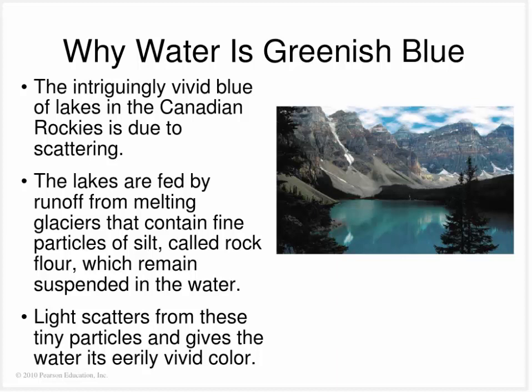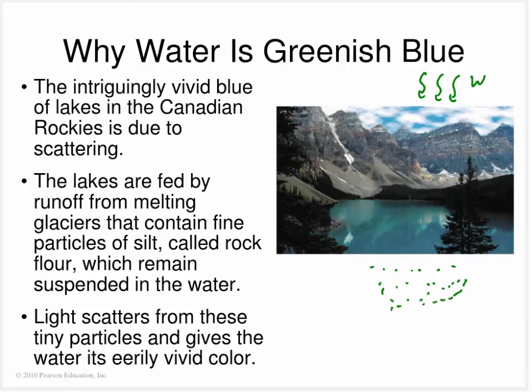Interestingly enough, if we were to go somewhere where there's lots of stuff in the water, like the Rockies, then we're going to have sunlight coming down, and again it's going to be white light. It goes into the water, and the water is primarily going to absorb the red. But in the Rockies, there's lots of stuff in the water.